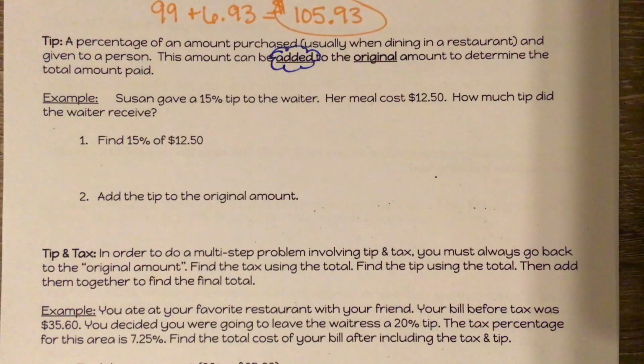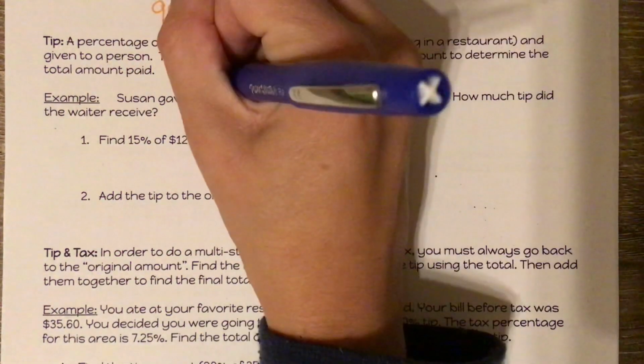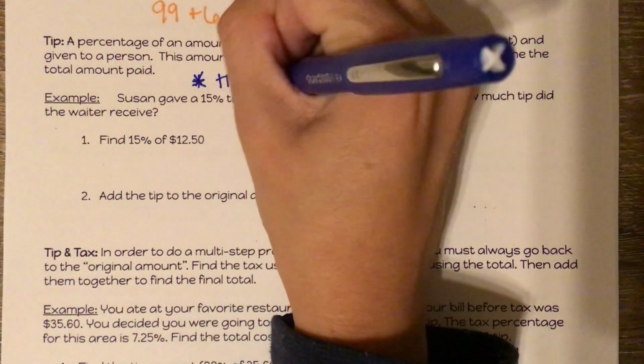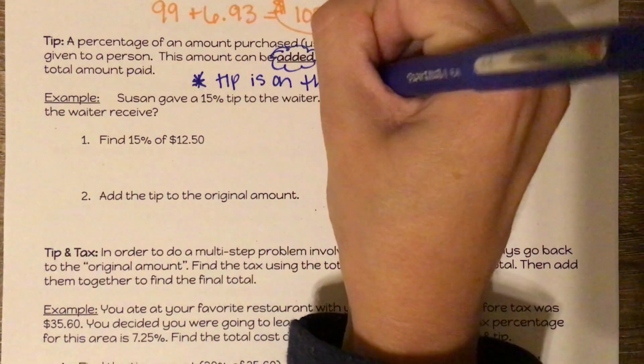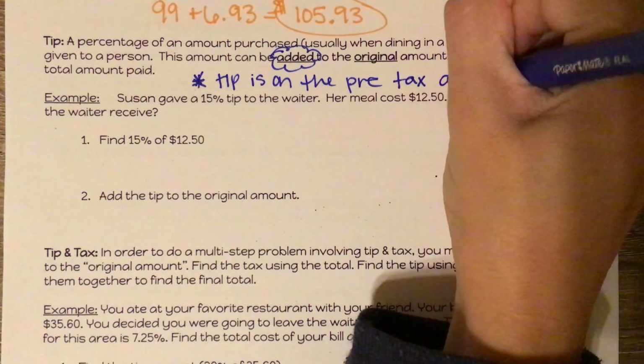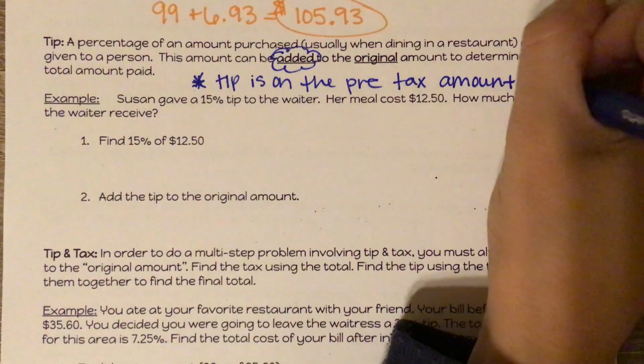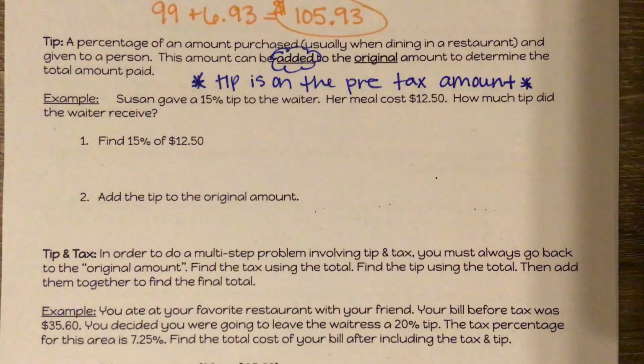One thing to note, and I'm going to have you write this in here, put a little star, tip is on the pre-tax amount. And we'll probably get to some of that a little bit later. But that is an important thing where people make mistakes.